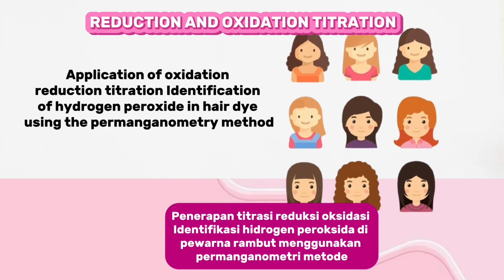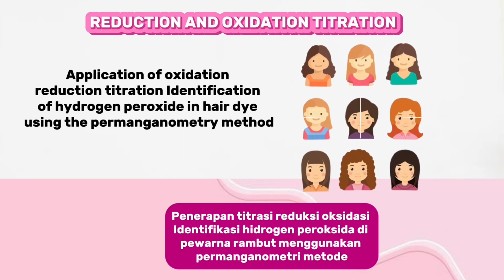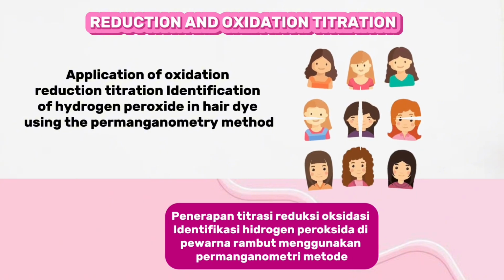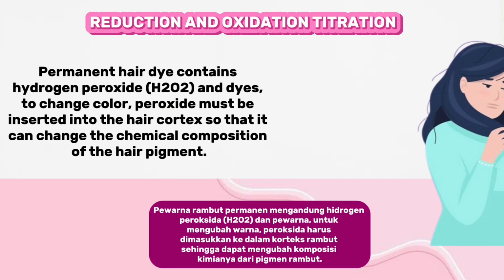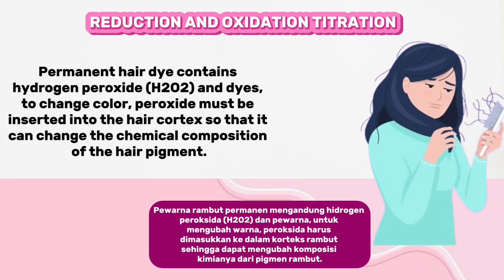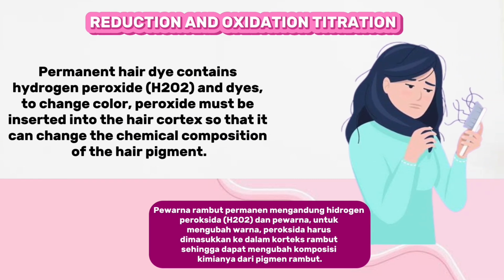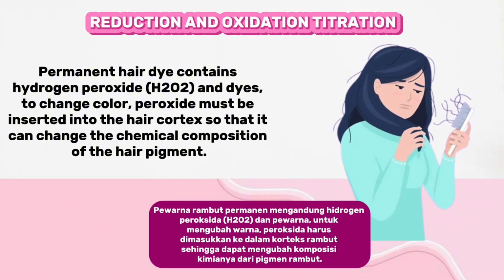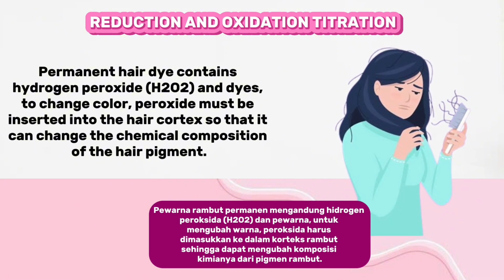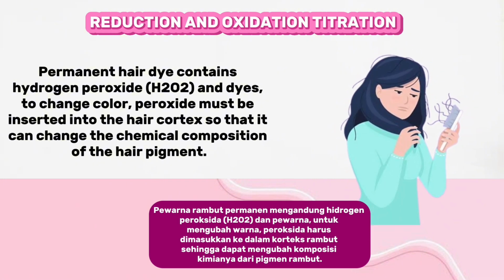Application of oxidation-reduction titration. Identification of hydrogen peroxide in hair dye using the permanganometry method. Permanent hair dye contains hydrogen peroxide, and to change color, peroxide must be inserted into the hair cortex so that it can change the chemical composition of the hair pigment.